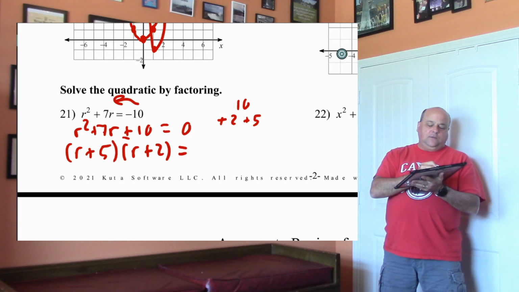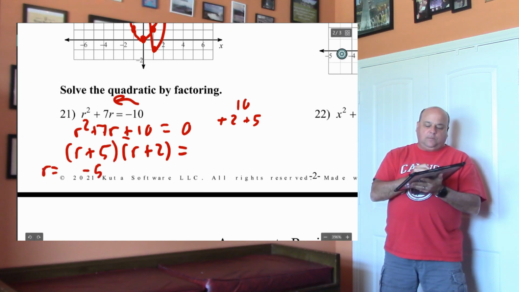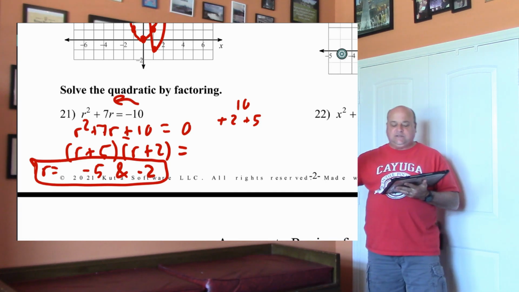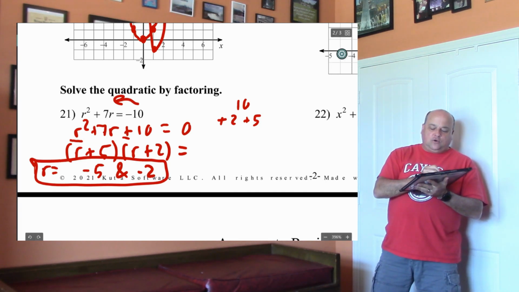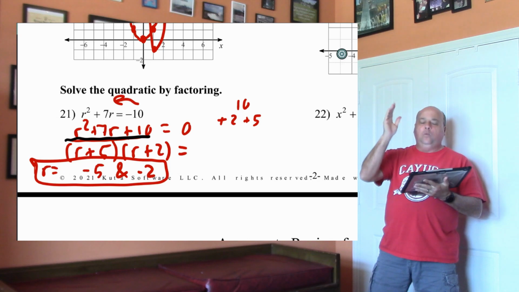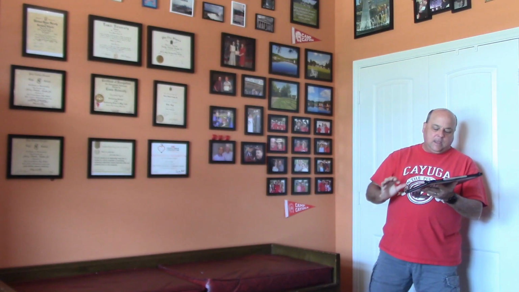The zeros are the opposites, so the zeros will be -5 and -2. That's where the parabola will cross the x-axis. Remember, I could graph this right here and trace to the x-intercepts. That will work every single time.